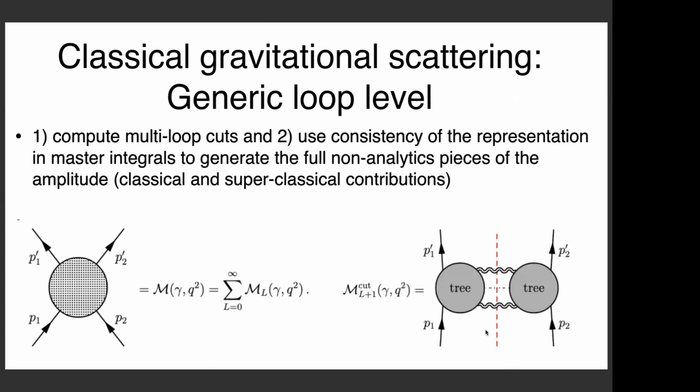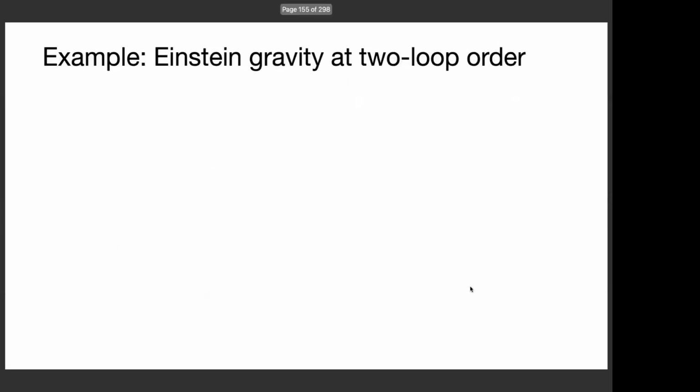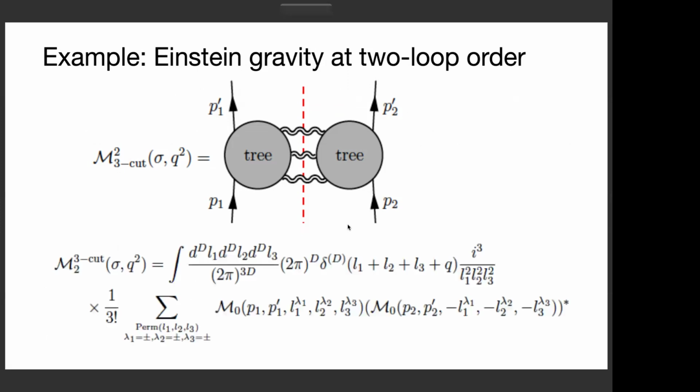But now we have to consider a more complicated cut because we will in principle have three graviton lines across from the two trees. So in the three cut case, we see that we have two trees that has three graviton lines that we cut, and the cut mathematically now is this contribution of two five-point trees with three loop momentum lines.